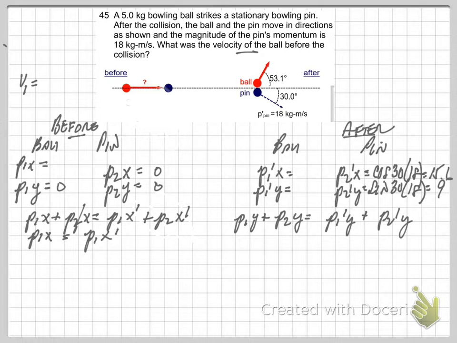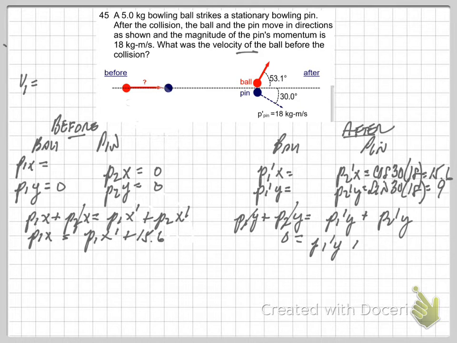And P2 prime x is going to be 15.6. In the y direction, P1y is 0. P2y is also 0. So we have 0 equals P1 prime y plus P2 prime y plus, oh, hang on.